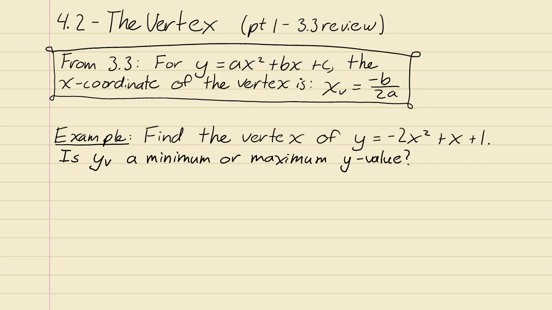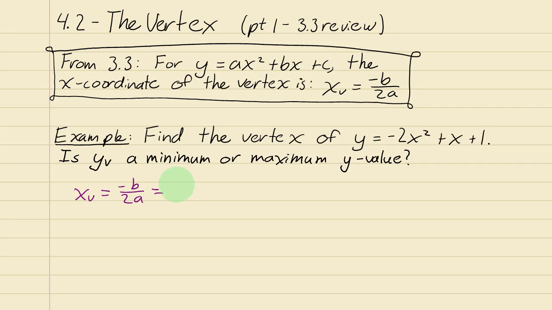Here is this equation, y equals negative 2x squared plus x plus 1. Let's find the vertex of that. To start, we're going to use the formula x_v equals negative b over 2a. And we can just plug in our values of b and a.